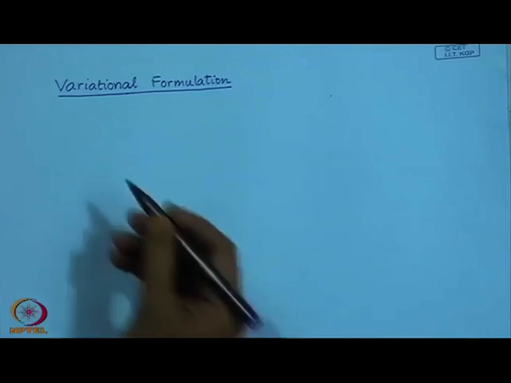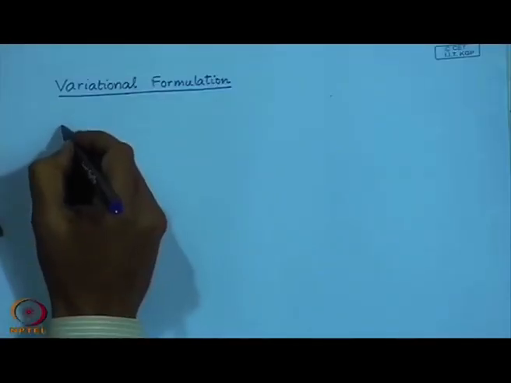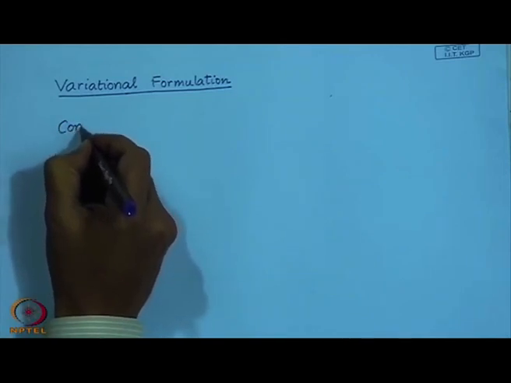Before we get into this variational formulation, we have to understand a few concepts based on which this variational formulation has been made. So, this concept is of configuration space.